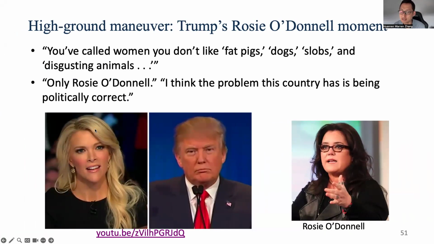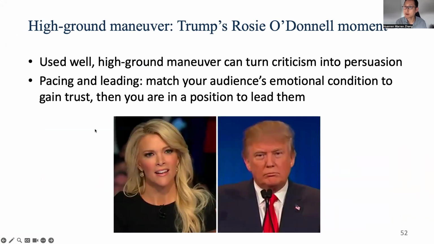All right, so that's the great example of high ground maneuver, right? As we mentioned, if used well, you can turn criticism into persuasion. The way Trump used this high ground maneuver can also be summarized as pacing and leading. You first match your audience's emotional condition, like that's why he actually mentioned Rosie O'Donnell, right?